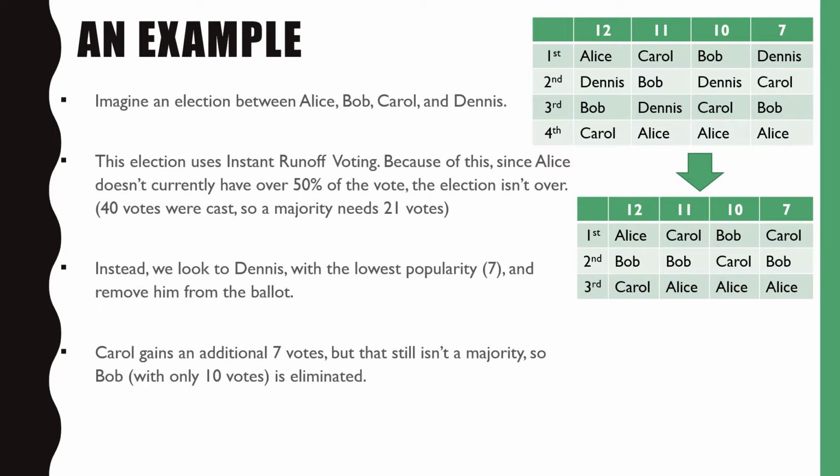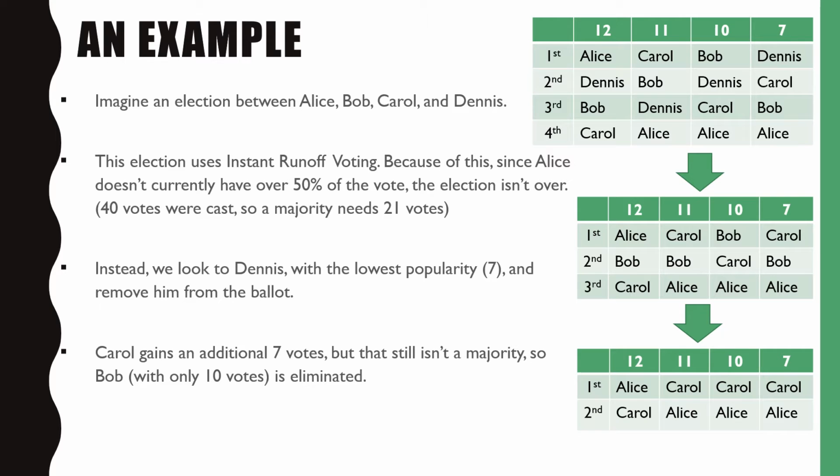Carol is going to get an additional 7 votes that she didn't have before, because Dennis is no longer in the race. But that's actually not a majority, because Carol only has 18 votes. So we have to look to who has the lowest number of votes, and that's Bob. Bob has 10 votes, and Bob is eliminated.